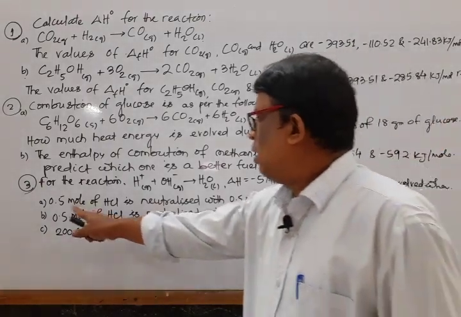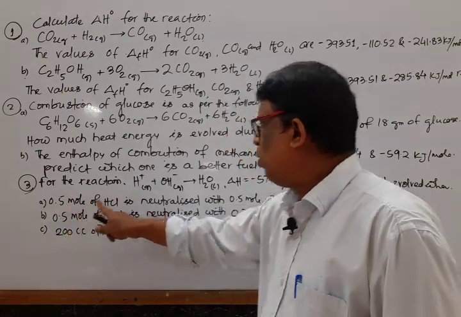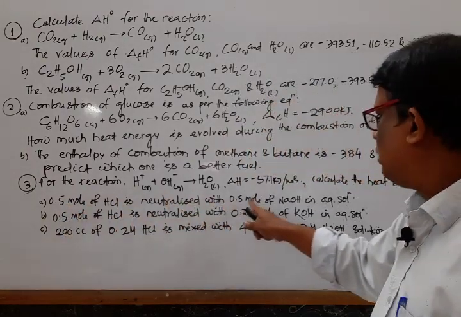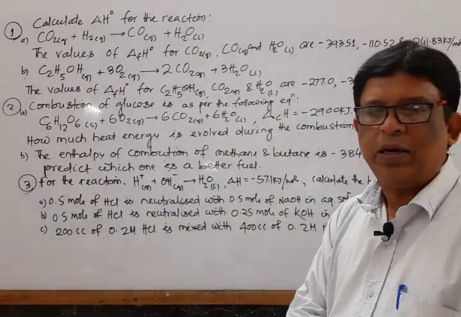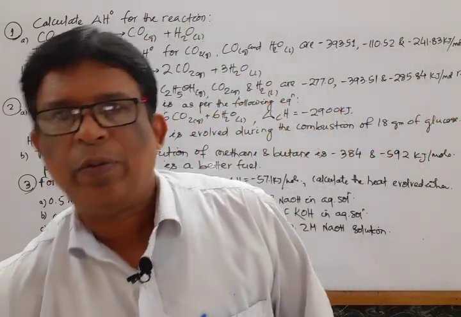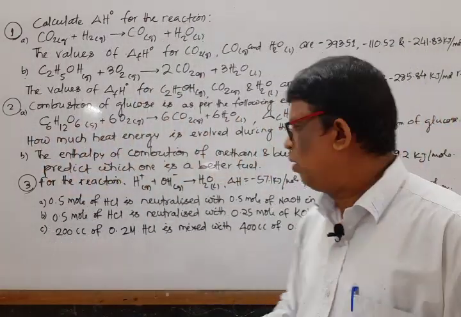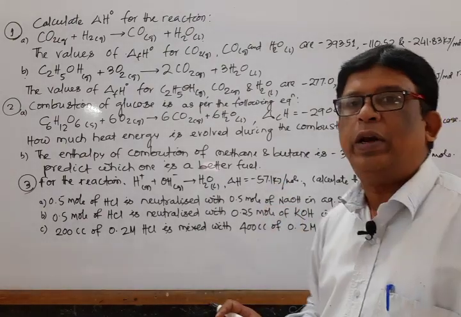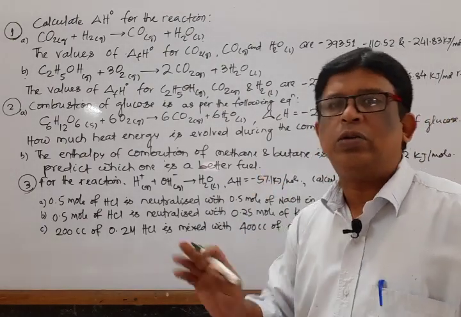Mark that. In the first case, half mole of HCl is neutralized with half mole of NaOH. Then the amount of heat evolved is half into the value.